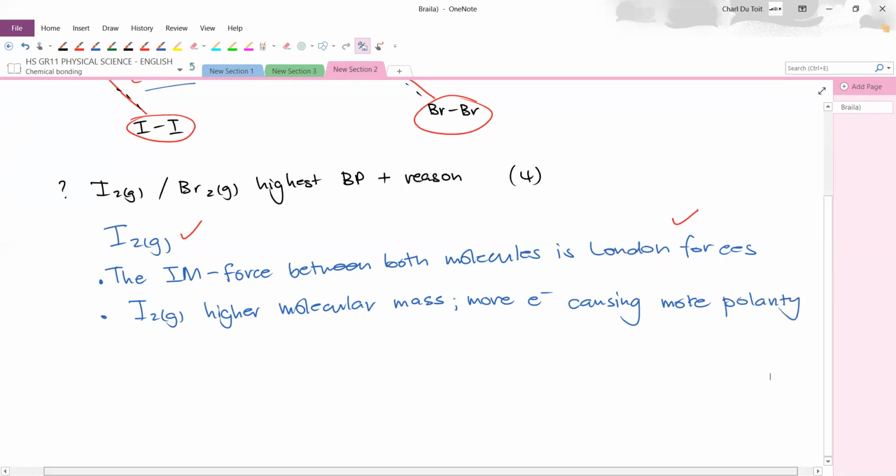Therefore, more energy is required to overcome the bonds.